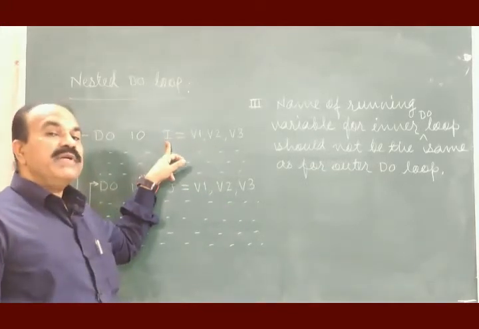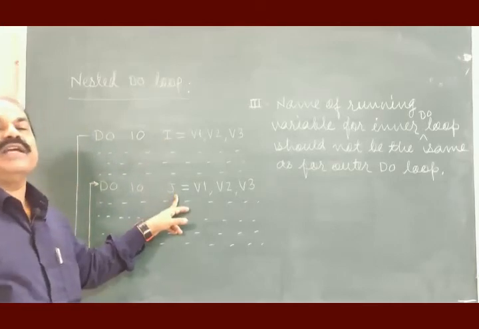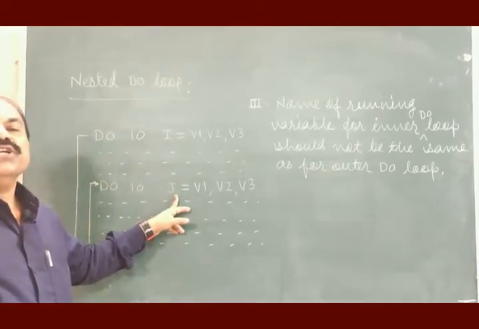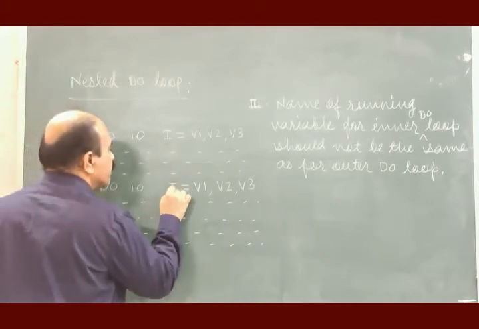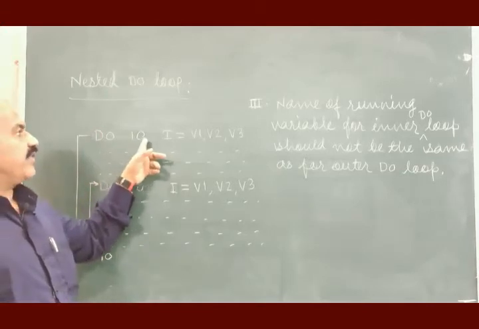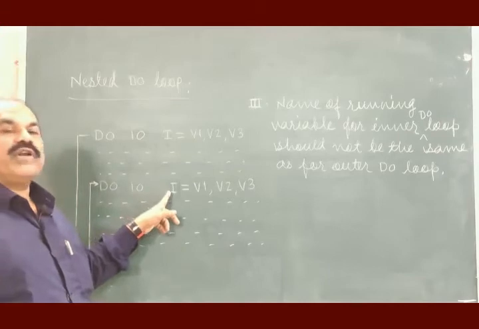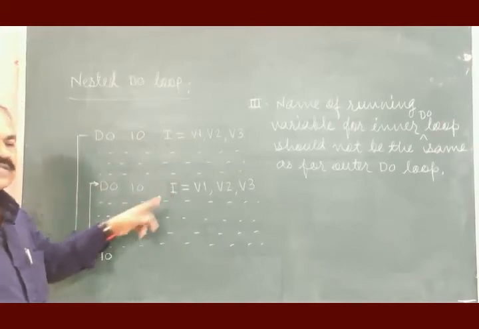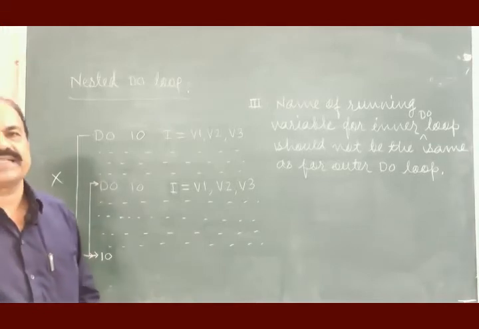This is the name of the running variable of the outer do loop. This is the name of the running variable for the inner do loop. If I use I as the running variable for the outer do loop and I as the running variable for the inner do loop, this will be wrong, this will be incorrect.